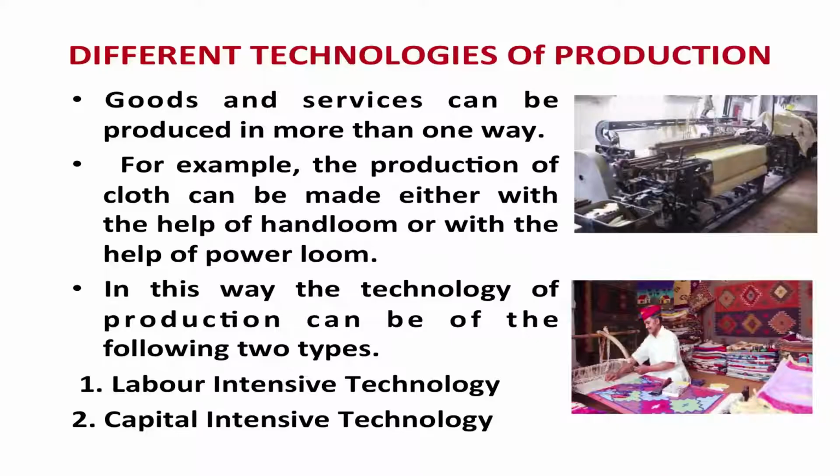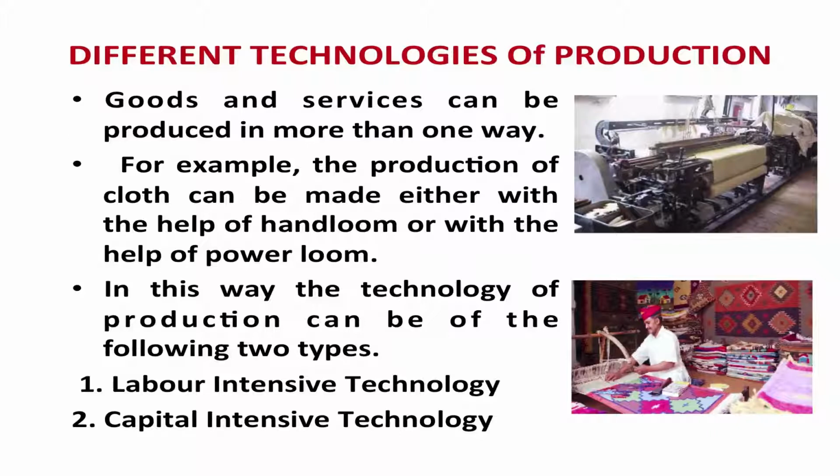So, the production function is also defined as the technological relationship that tells us the maximum output producible from various combinations of inputs. Now, let us understand the different technologies of production. Goods and services can be produced in more than one way.